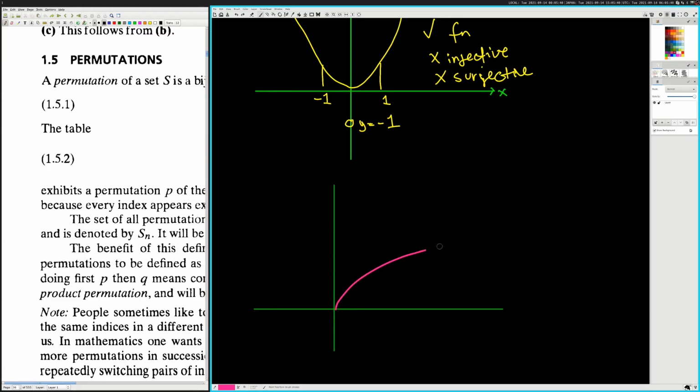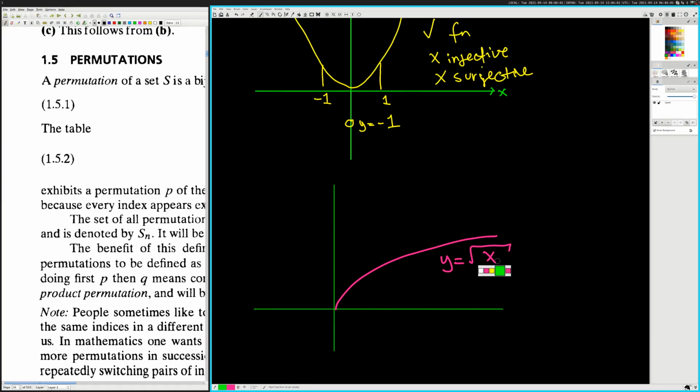Sorry, I forget about the new monitor. This is y is equal to the square root of x. Never mind what the square root means, how you actually calculate a square root is not important. You could say x is equal to y squared and y restricted to the non-negative values.